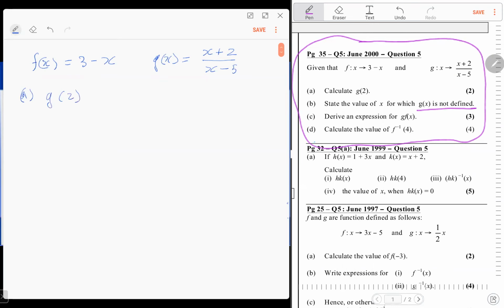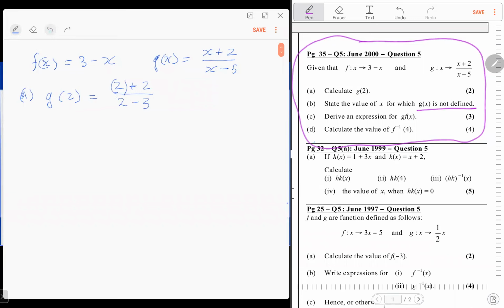So g of 2 simply means we put 2 in this g function. That becomes 2 plus 2 divided by 2 minus 3, as the x's here are replaced with 2 in the calculation.